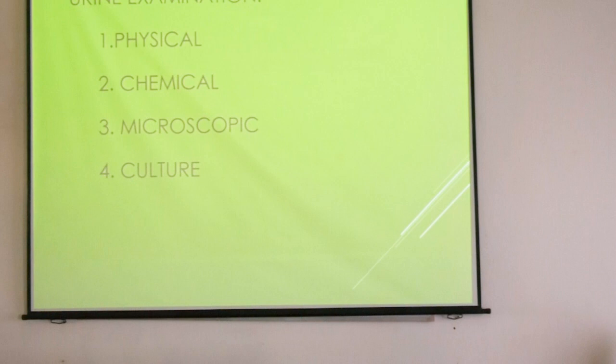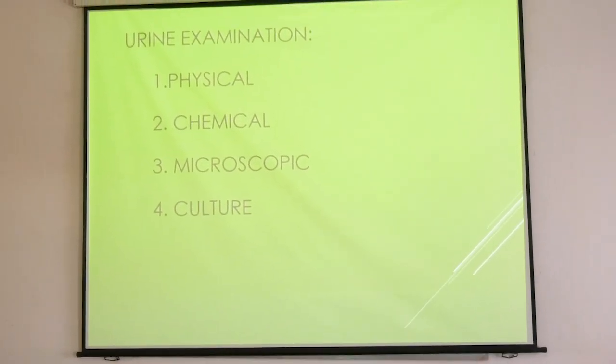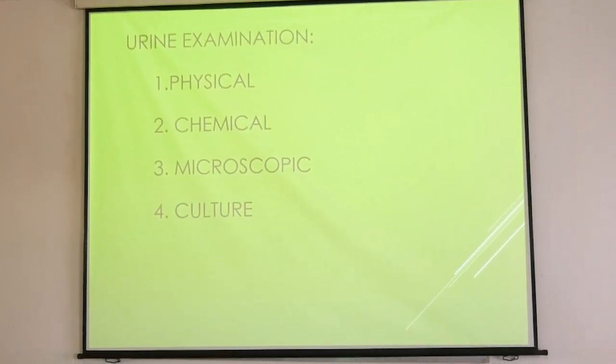Or sometimes you can also say 1.010 to 1.030. You have to be in a close range. Different books give values around this. So these are the physical characteristics. Anything else? More or less these are the physical characteristics.